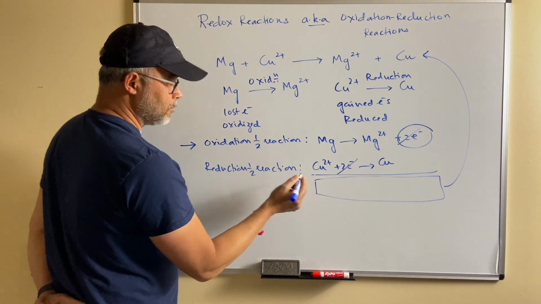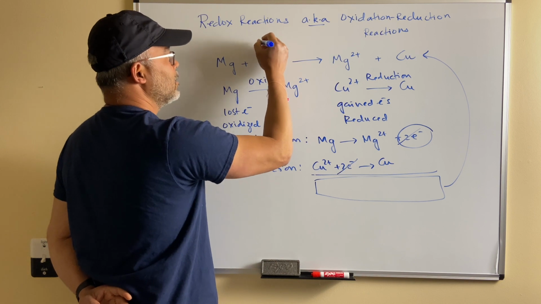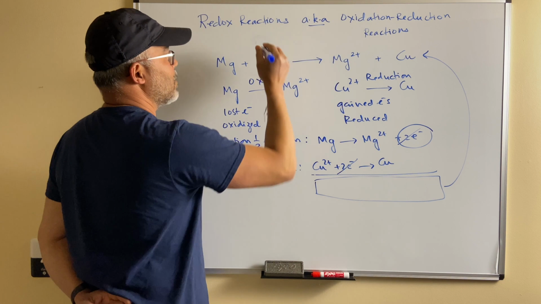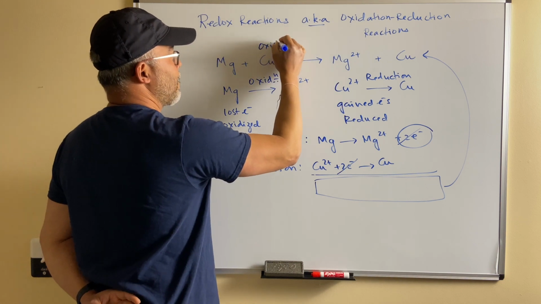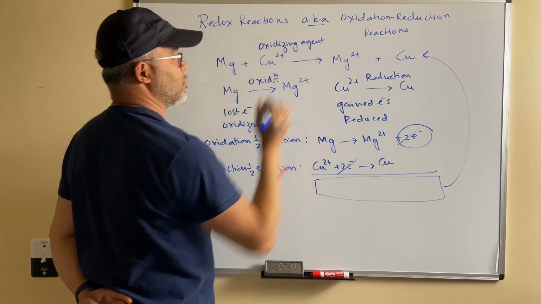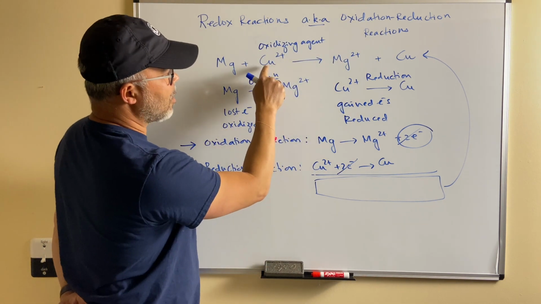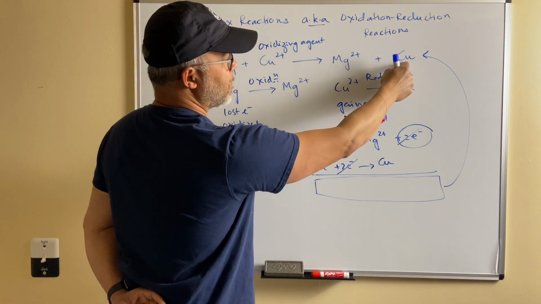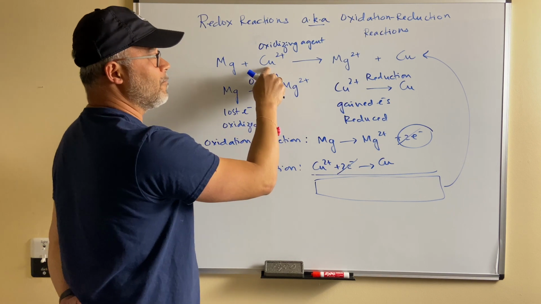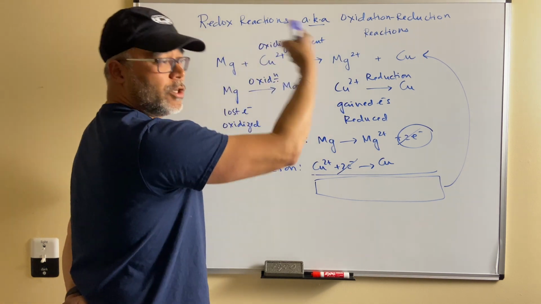So the copper 2+ is my oxidizing agent. I kept writing reducing, apologies for that. Conversely, notice carefully what happens to the copper 2+. The copper 2+ becomes copper, meaning it gained electrons. In order for the copper 2+ to gain electrons, it needed someone to reduce it.